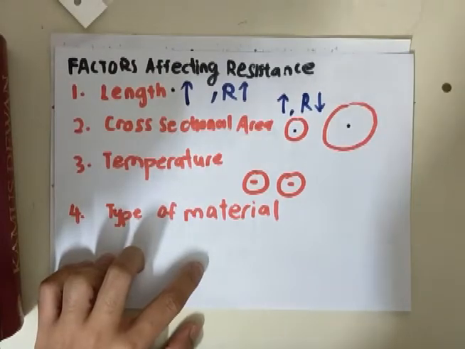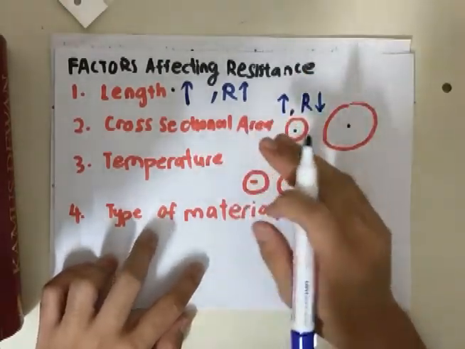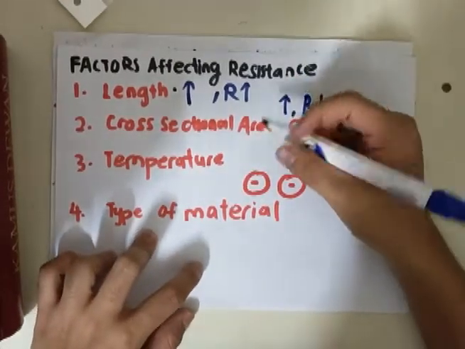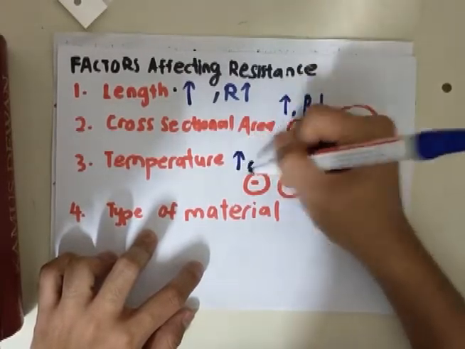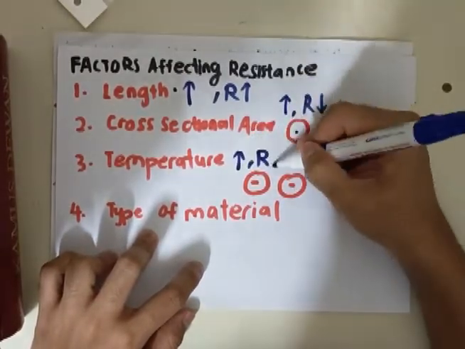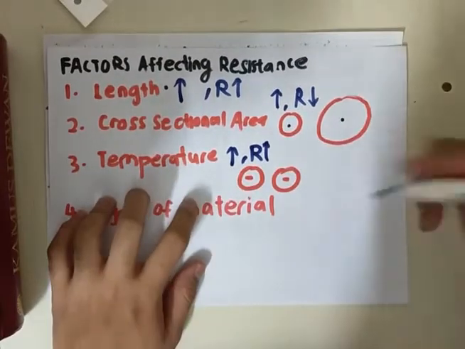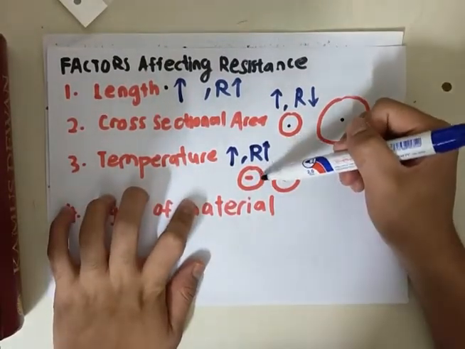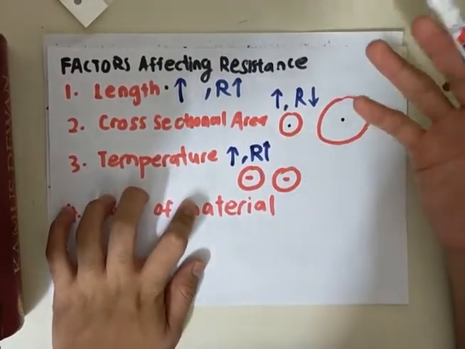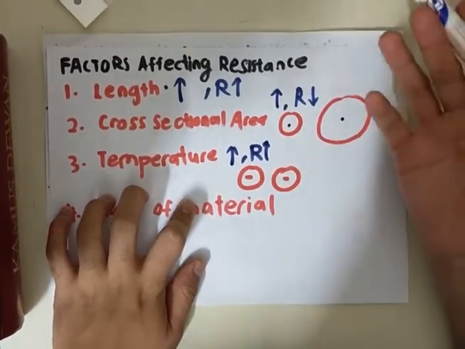So temperature. How temperature affects resistance is, let's say when your temperature increases, your resistance would increase too. Why? Because temperature causes your electrons to gain kinetic energy.